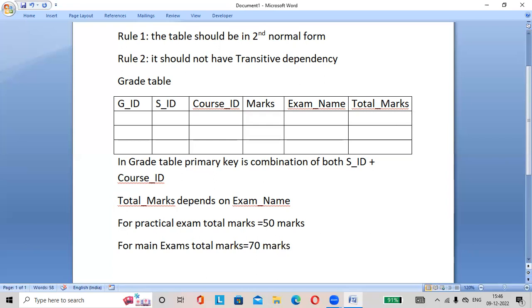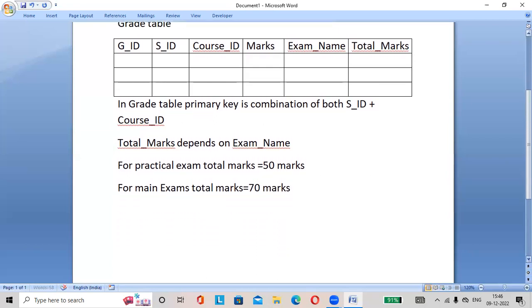For internal exams, how many marks? Generally for internal exams, total marks is 20 marks. No, it will be 30 marks. 70 plus 30, 100.